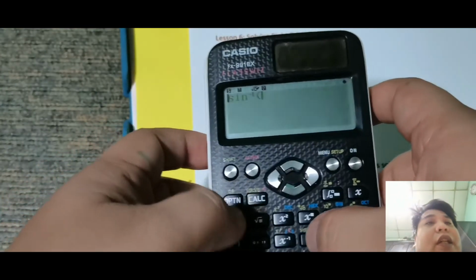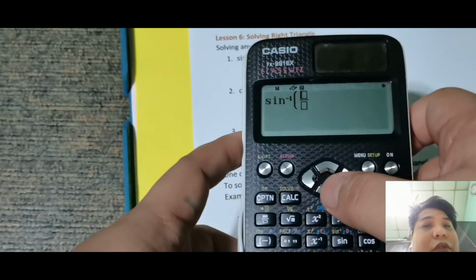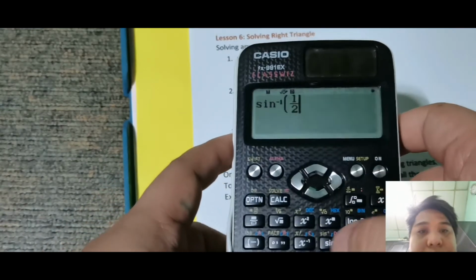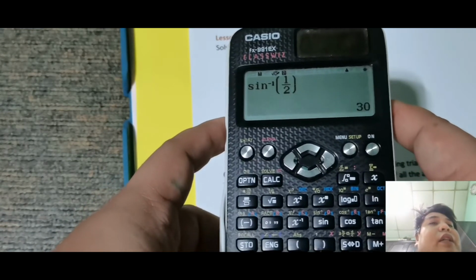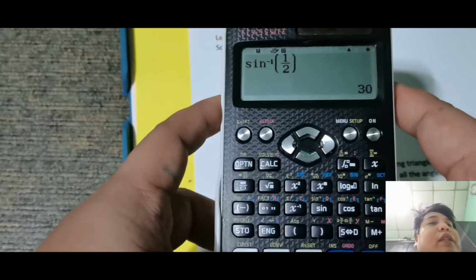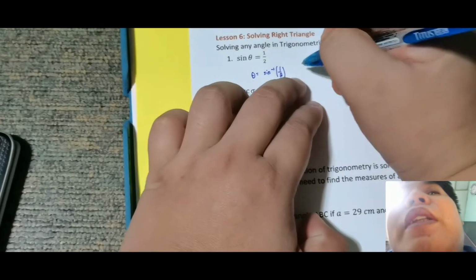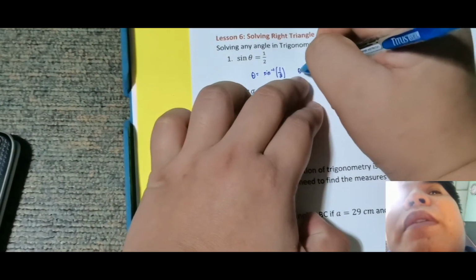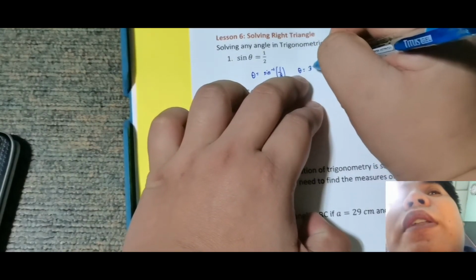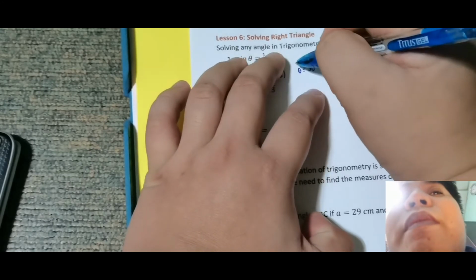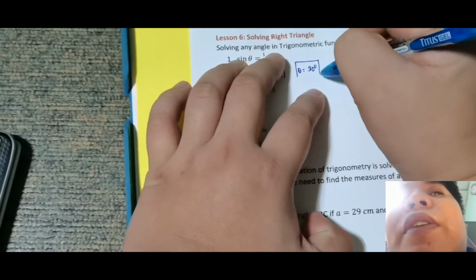Arc sine, lagay ko yung 1/2, and that is 30 degrees. Therefore, the value of theta is equal to 30 degrees. Then box your answer.